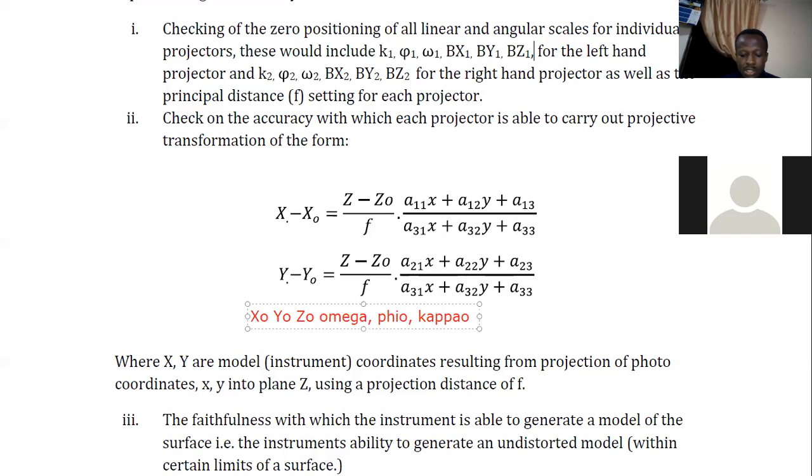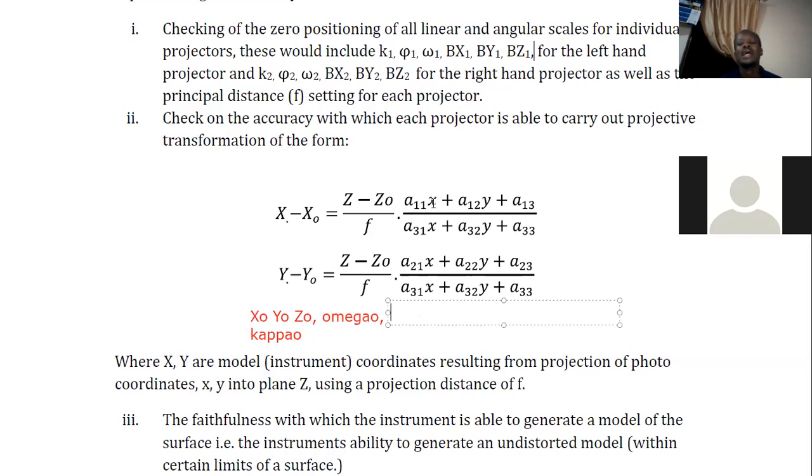These are the coordinates and orientations of a particular exposure. When the airplane freezes, when you freeze the airplane at a point, and we try to find out what the coordinates are at this point where we just took the picture, that will be X naught, Y naught, Z naught. So that's what you are looking at in this equation.